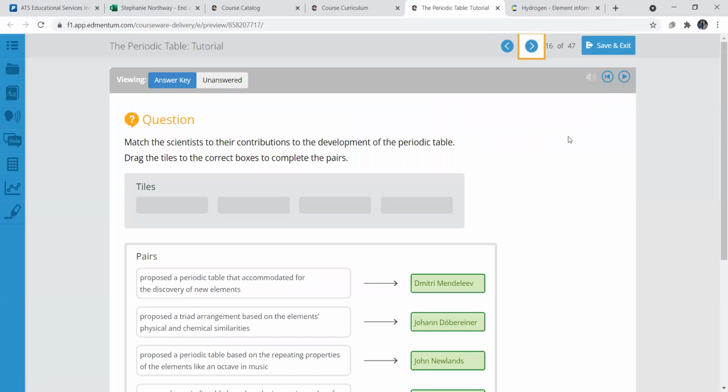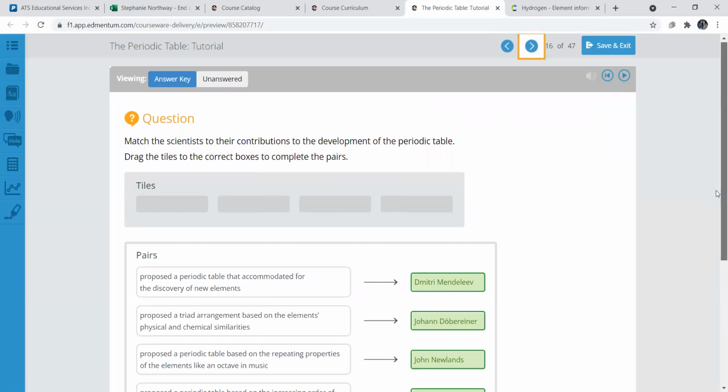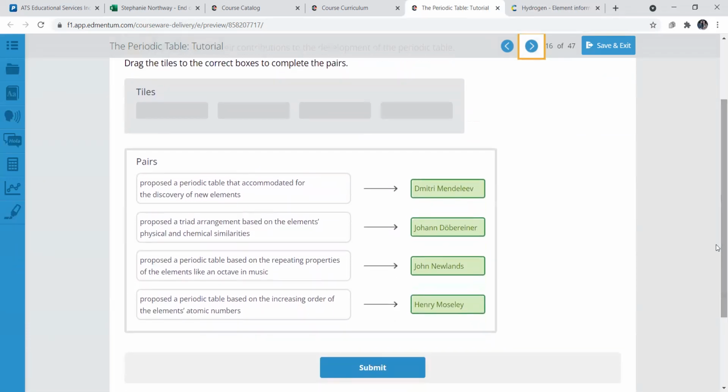Okay, here's our question. I'll scroll down to this part, and here's what each scientist has done. Dmitri Mendeleev proposed a periodic table that accommodated the discovery of new elements. Johann proposed a triad arrangement based on the elements' physical and chemical similarities.